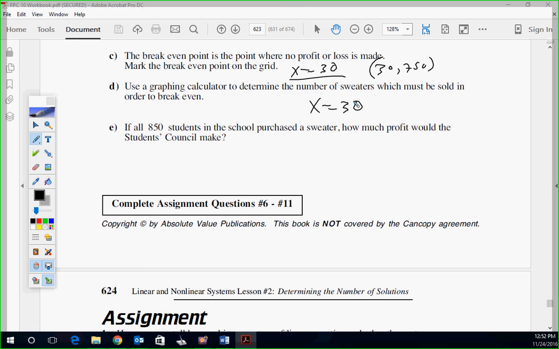We can still do it. What's 25 times 850? $21,250. Okay, and then what is 600 plus 5 times 850? So 5 times 850 is 4,250.